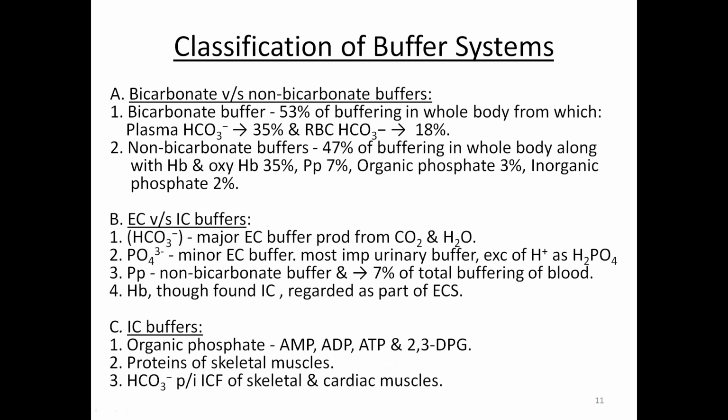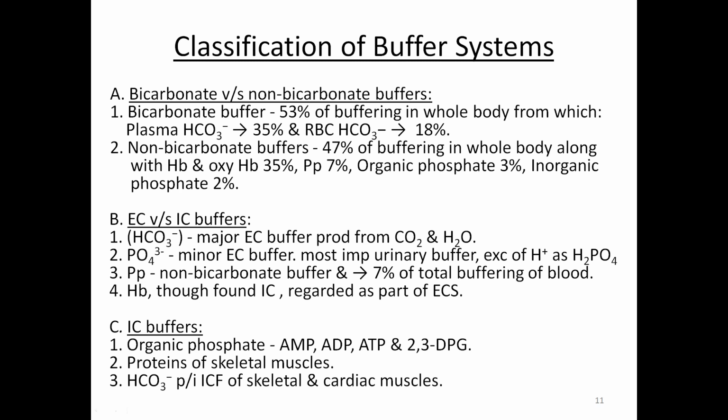Now going on to classification of buffer systems. There are various ways to classify them based on different methods. One, we can say bicarbonate versus non-bicarbonate buffers, or ECF versus intracellular buffers, and then we'll talk about some intracellular buffers.